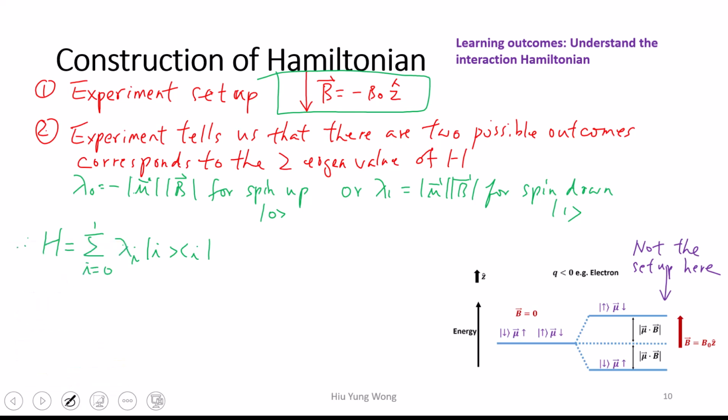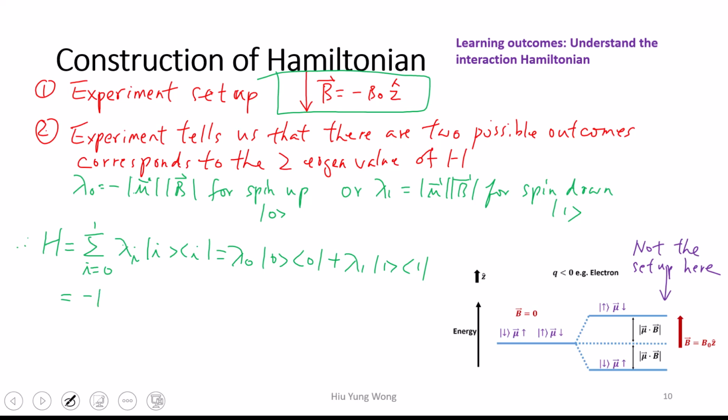So let's practice this. This is equal to lambda 0 times the outer product of 0 with itself, plus lambda 1 times the outer product of 1 with itself. And what is lambda 0 in this case?